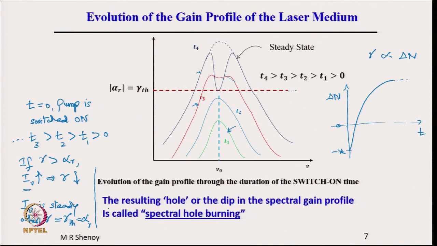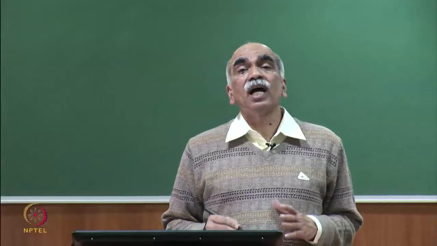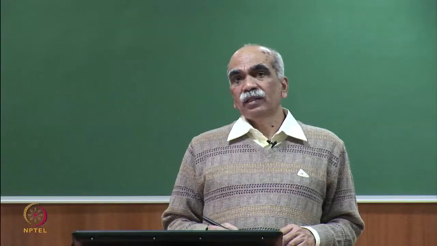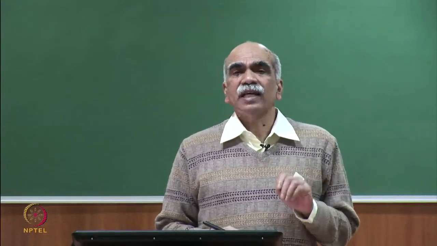The resulting hole or dip in the spectral gain profile, it is spectral because it is gain versus frequency. So, this is a very important phenomenon which I wanted to discuss here. Spectral hole burning is because of gain saturation.